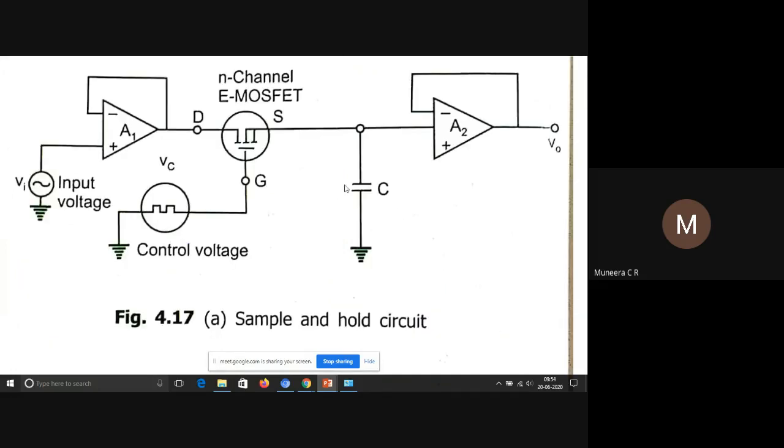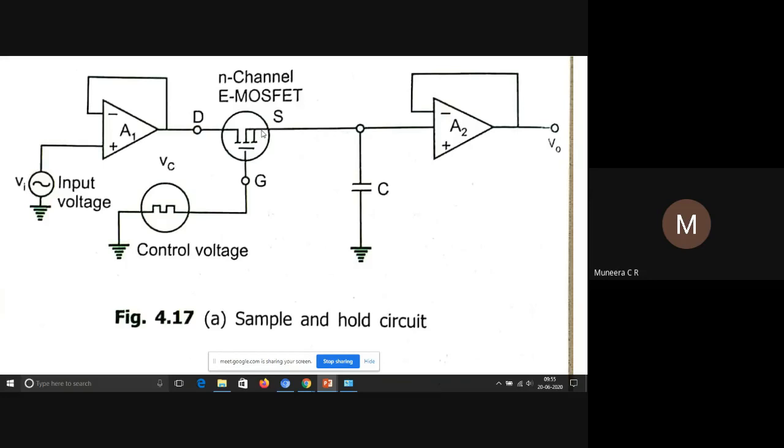Here is shown the circuit diagram of the sample and hold circuit. Basically this consists of an N-channel E-MOSFET, that is, an enhancement MOSFET, N-channel. Enhancement means it is a normally off MOSFET.